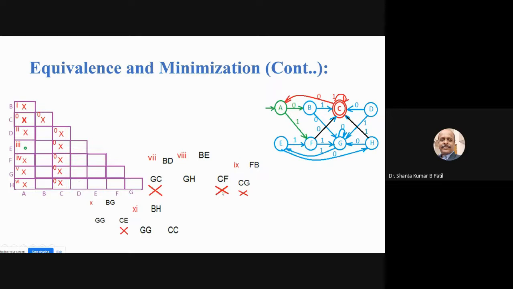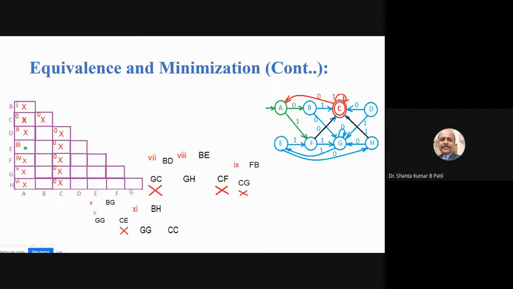CF has a cross mark. Hence BE is also a cross mark. Like that, you can locate the next square. It is FB. FB on 0 is CG. CG has a cross mark because they are different. Hence, FB is also a cross mark.